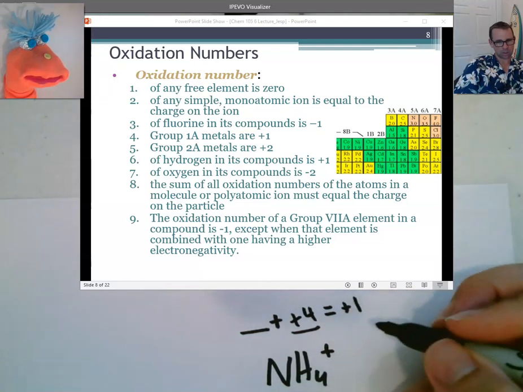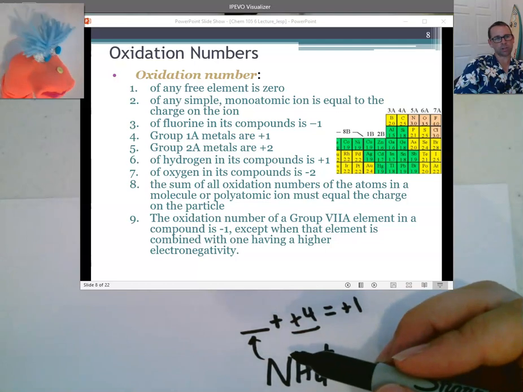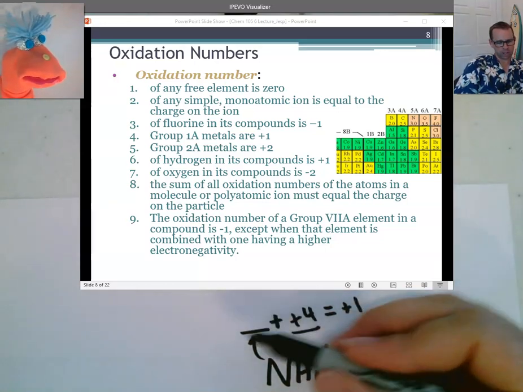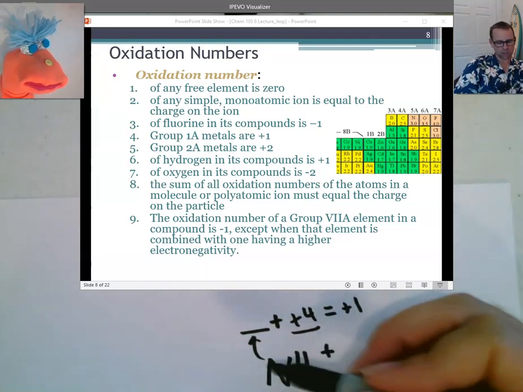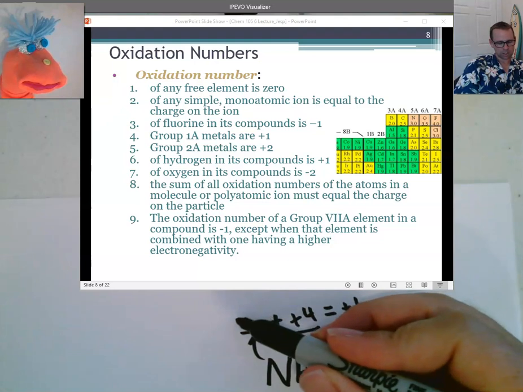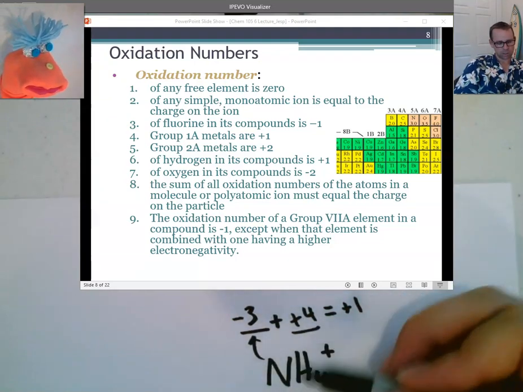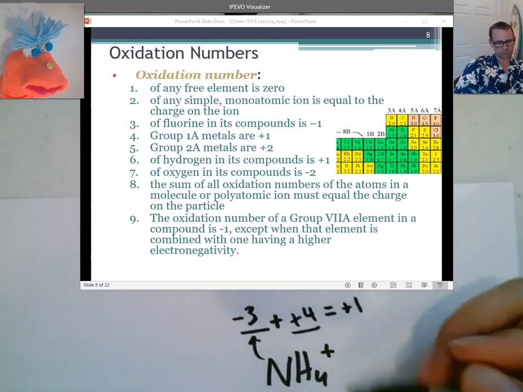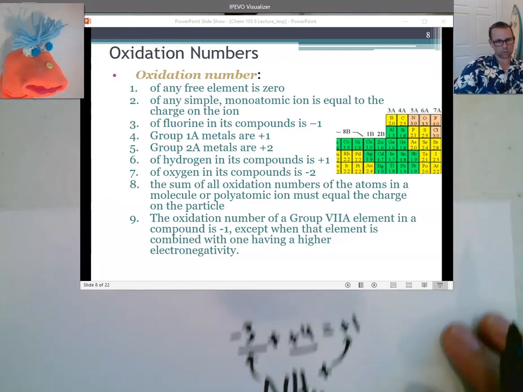So it's +1. So then I can find out what the nitrogen is, even though there's no rule about nitrogen there. The oxidation number of the nitrogen has to be a -3. Nitrogen's a -3. The hydrogens total +4, and that's why we end up with a +1 net charge. So the charge on the species goes here.